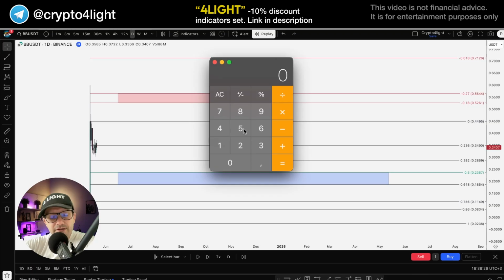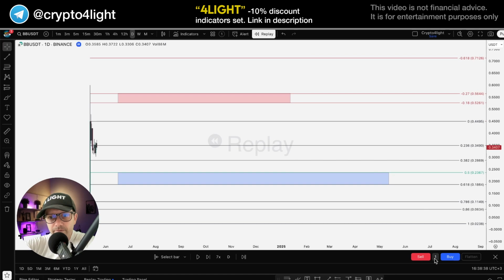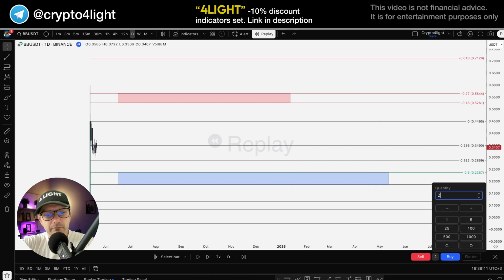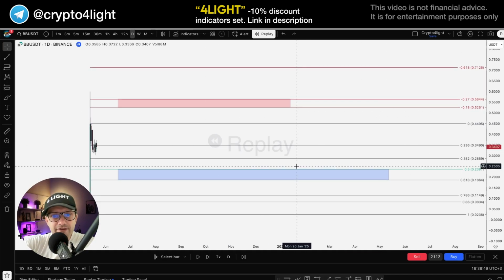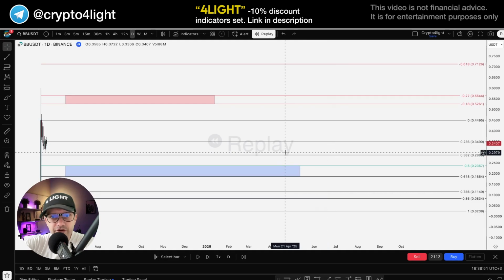So I want to spend $500 at 0.02368. Let's say I'm ready to buy 2K and 100 tokens. BB, Bounce Bit, 112 tokens. I'm ready to buy. All right. So I wait for this zone, and the second zone is here.